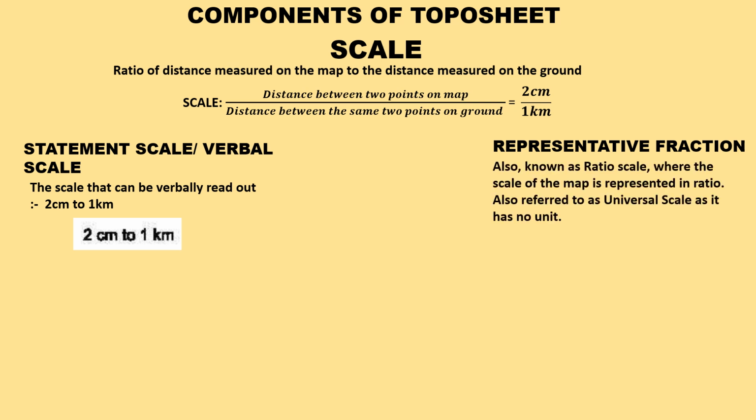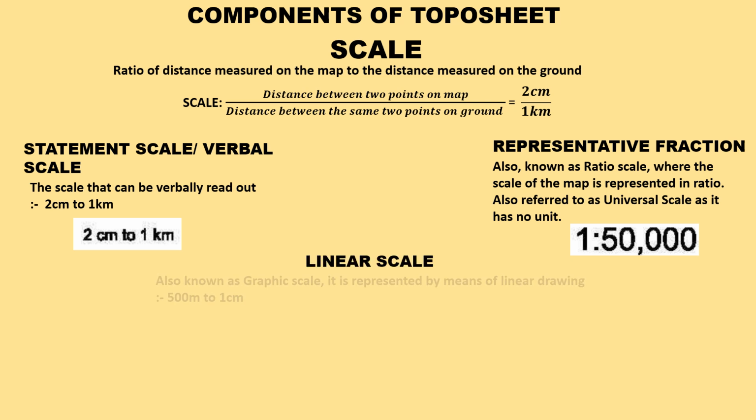It is also known as the ratio scale, where the scale of the map is represented as a ratio, also referred to as the universal scale as it has no unit. On a toposheet map, it is shown as 1 is to 50,000, which means 1 centimeter on the map represents 50,000 centimeter on the ground.